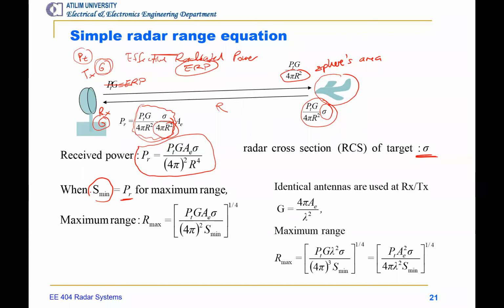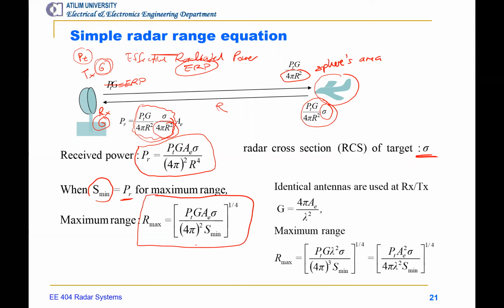By the way, range here stands for distance, in Turkish menzil. Exactly, menzil. So, radar menzili. Then we write the maximum range.